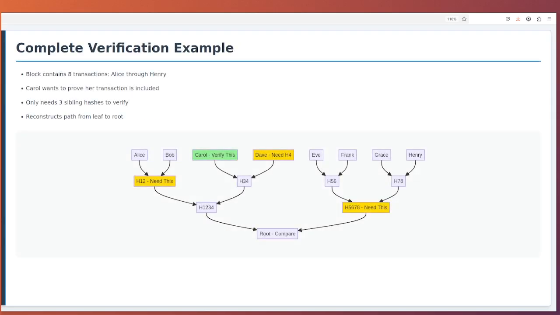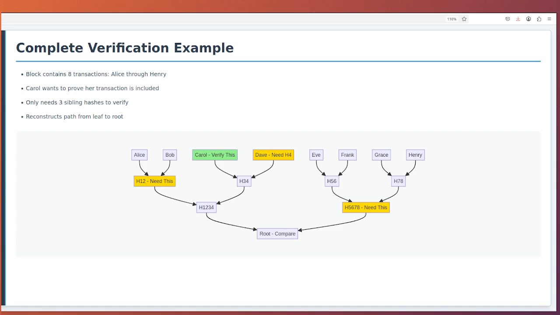Real-world example. Verifying a transaction. Let's walk through a complete real-world example of Merkle tree verification. Imagine we have a block with 8 transactions: Alice, Bob, Carol, Dave, Eve, Frank, Grace, and Henry each made a purchase. Carol wants to prove her transaction is in the block.